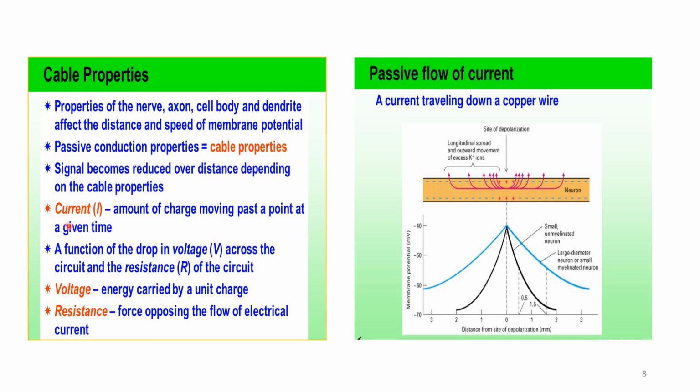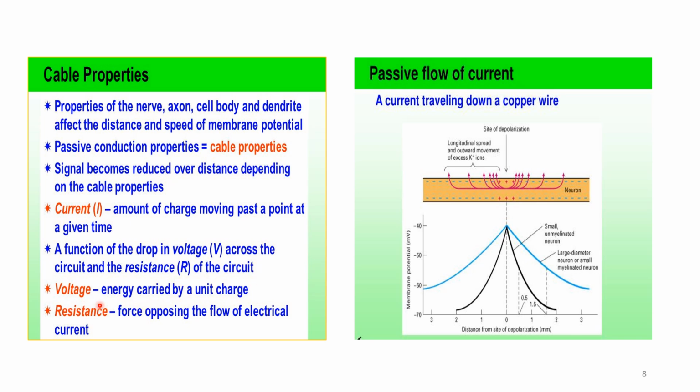Here current is shown as I. It is the amount of charge moving past a point at a given time. So current I means charge moving. This is a function of a drop in voltage across the circuit and the resistance of the circuit.